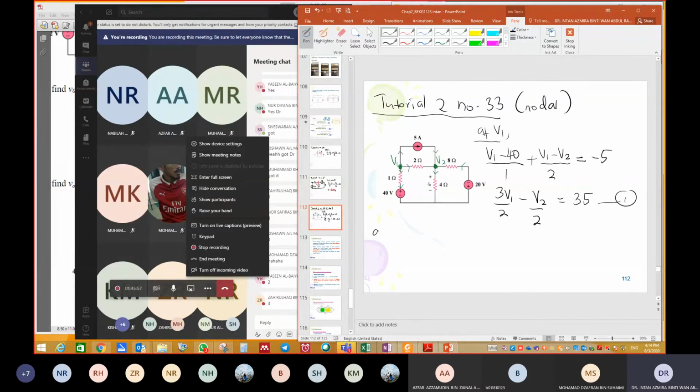And then at V2, okay, class, you may try yourself. Here is V1 minus V2 divided with 2 plus 5 equal to V2 over 4 and then plus this one enters, enter this one.